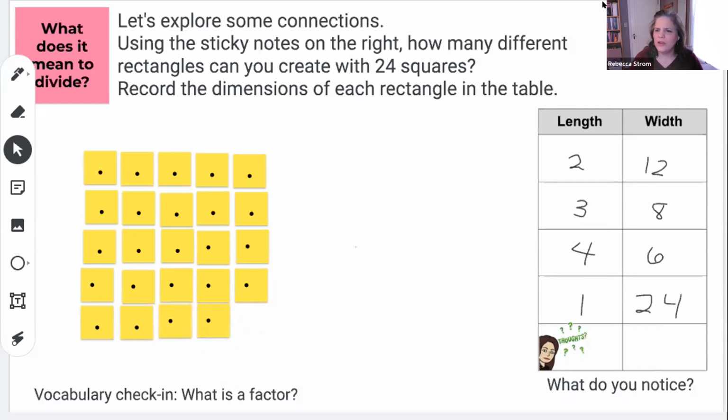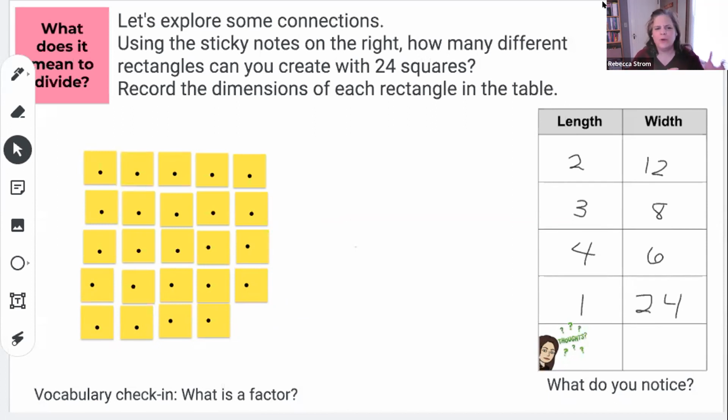It didn't work. I have to always use all of them. I can't use anything extra or leave anything off. So if I have 24 things, I'm not able to make groups of 5 without a remainder or a fractional piece left over. So now we're going to start talking about this idea of factors.